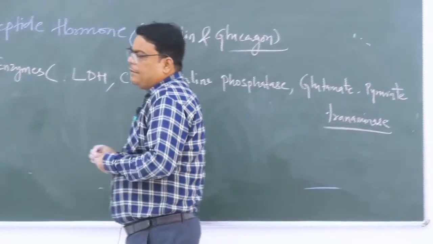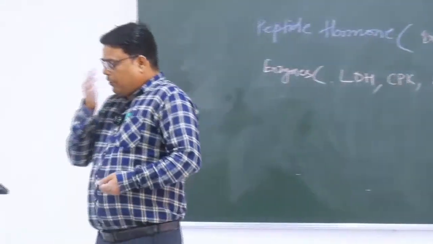I had already taught you about these transaminases, what they do. In the amino acid property, I will tell you, it proceeds through transamination reactions. And what is happening in the transamination reaction?